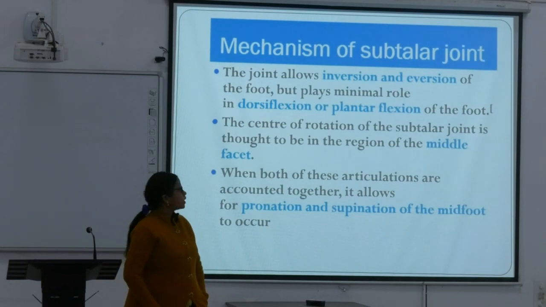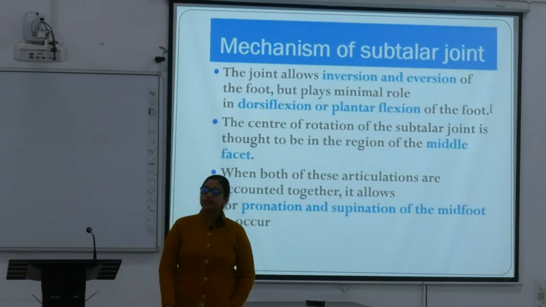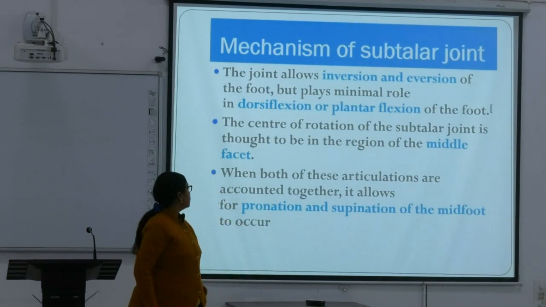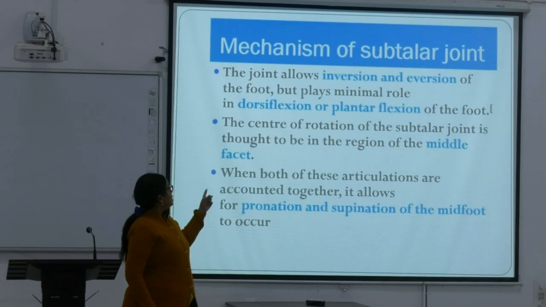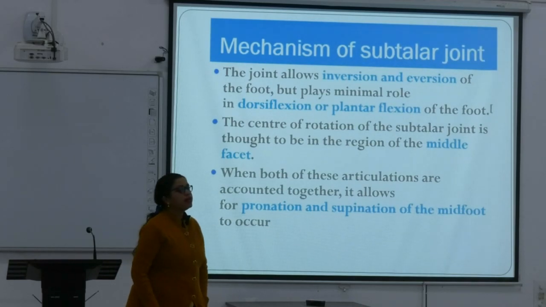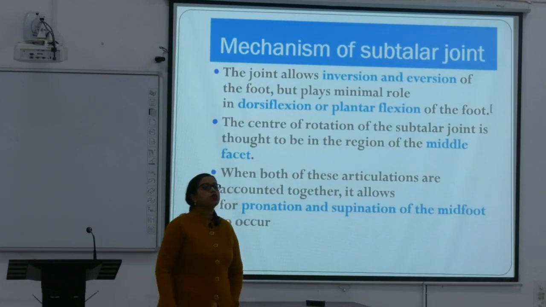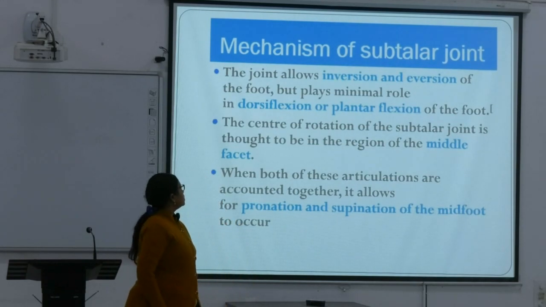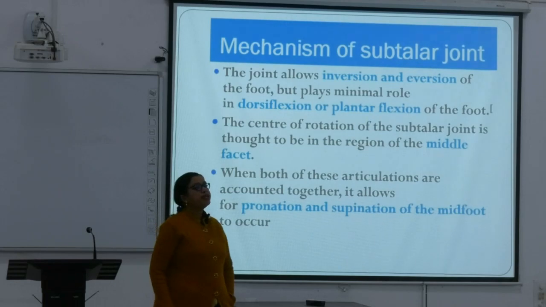It is, we are talking about subtalar joint. Axis ta kothay? It is the middle facet. Okay, write it down, it is the middle facet. So see the center of rotation of subtalar joint, the center of rotation of subtalar joint is thought to be the region of middle facet.